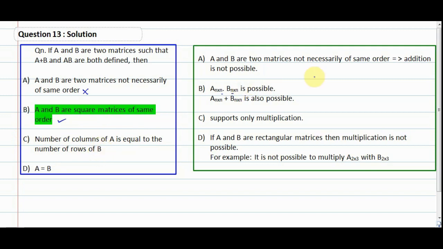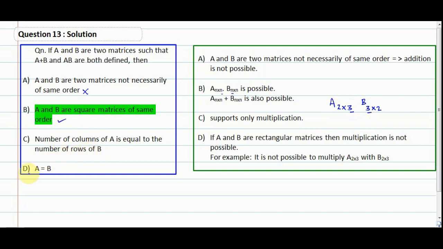For example, if we have a matrix A with order 2 by 3 and another matrix B with order 3 by 2, then multiplication is possible between A and B because A has 3 columns and B has 3 rows. But we cannot add A with B because they have different orders. So option C gives a statement which supports only multiplication, and C is not the right answer.